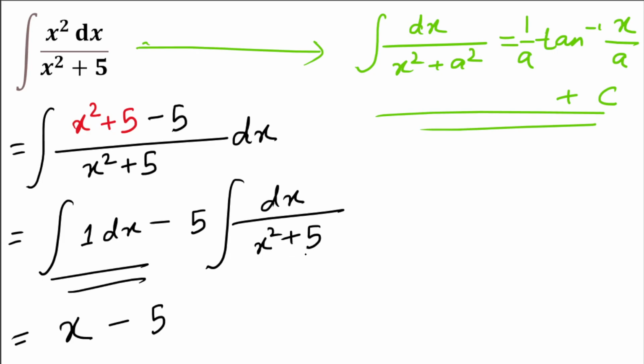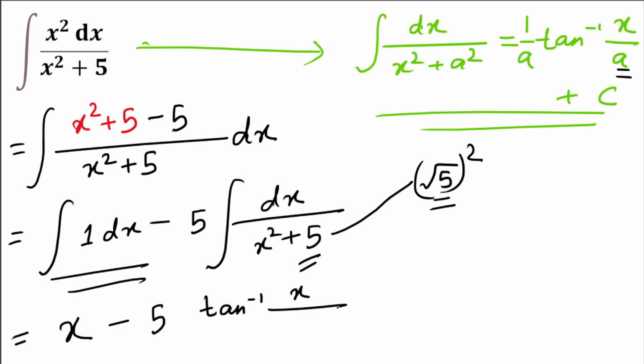Now of course this x square plus 5, we can write this term, specifically this particular term, as x square plus root 5 square. Taking root 5 as a in this term, we will write this as tan inverse x by root 5, and of course we can't forget the 1 by a term outside.